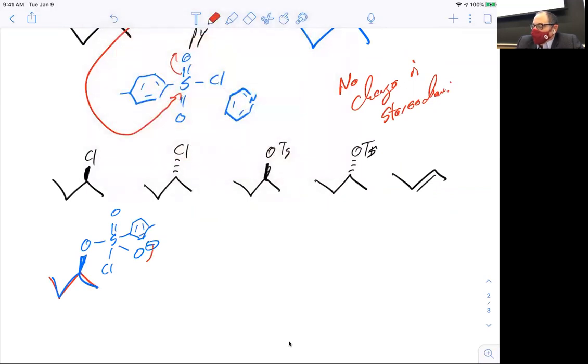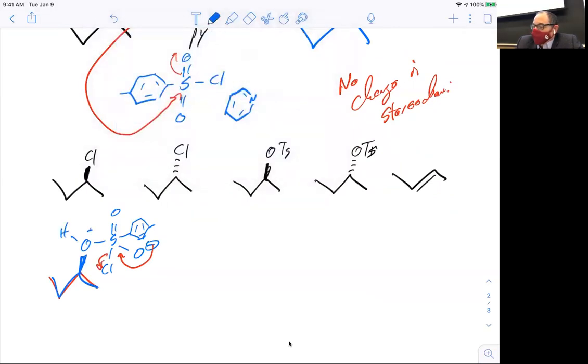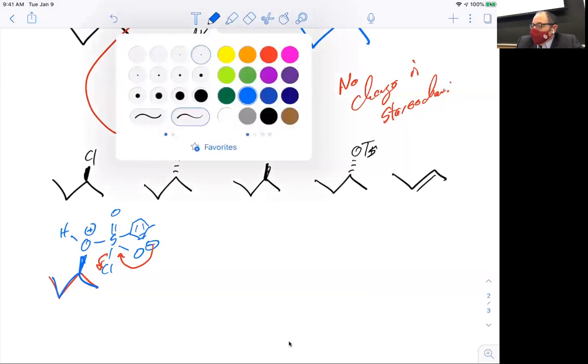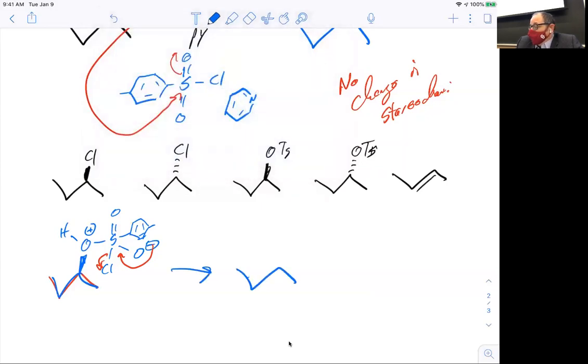Then the oxygen negative comes down and kicks off the chlorine. And we've got to remember we still have a proton here. It kicks off the chlorine because the chlorine's conjugate acid pKa is actually lower. Again, we haven't changed our stereocenter. Now we have our fully formed tosylate. We have the chlorine floating out here.